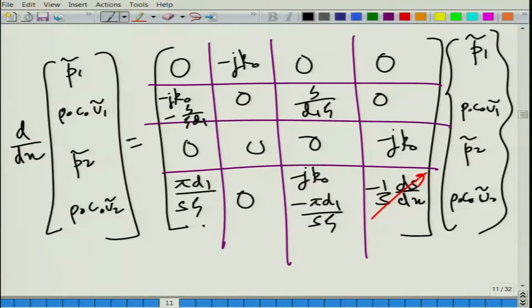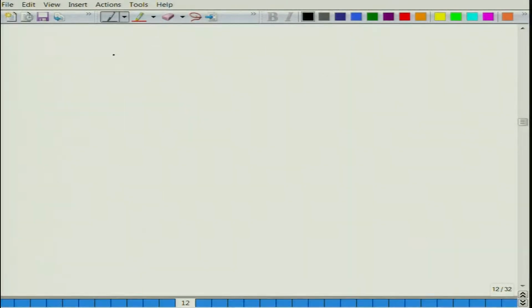In case you have, then you definitely end up with a system of ordinary differential equations with variable coefficients. Now, the clever thing is that if you have 0 variation, of course, you have a constant coefficient differential equation, and the solution of that would be easily given, as we discussed, by P1 rho naught C naught U1, P2 rho naught C naught U2.